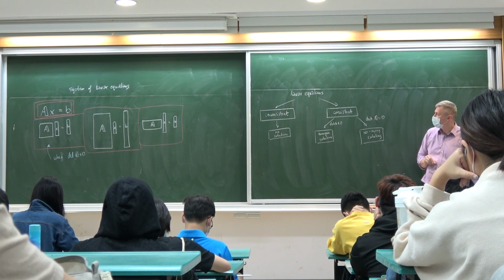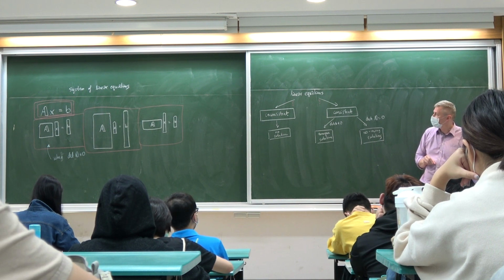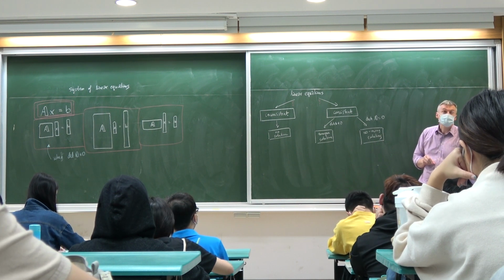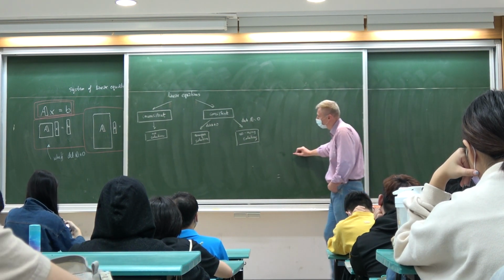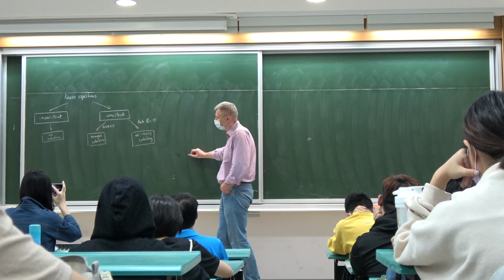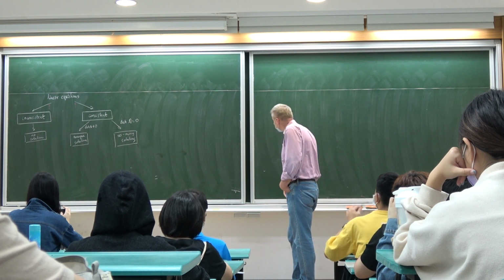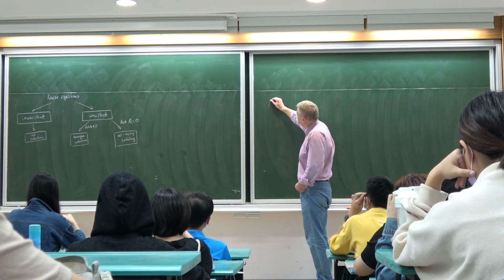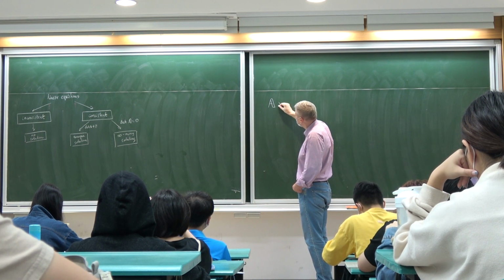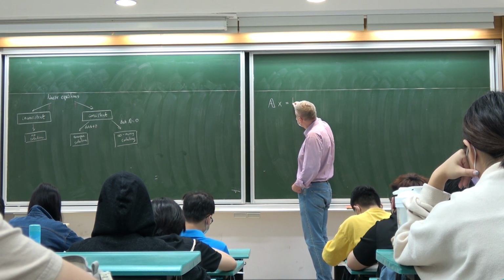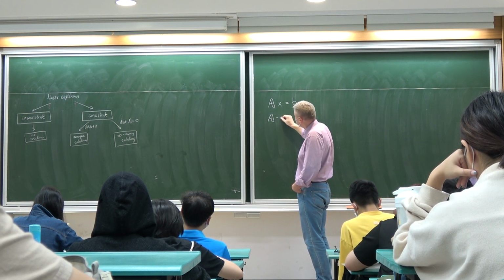But before doing that, let me do a slightly different problem. No, let's do it according to what is. So when you have a set of linear equations, AX equal B, this matrix A is called the coefficient matrix.